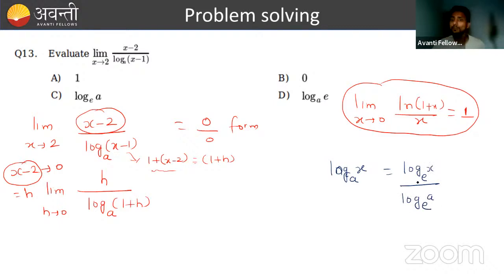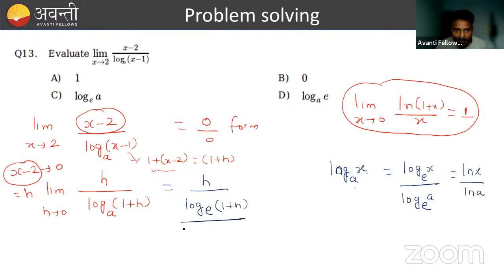We can make both bases e, for x and for a. And this is ln x and this is ln a. So what I am going to use here, I will try to convert it into that form only. I can write it as log of 1 plus h to the base e, and I can write log of a to the base e.